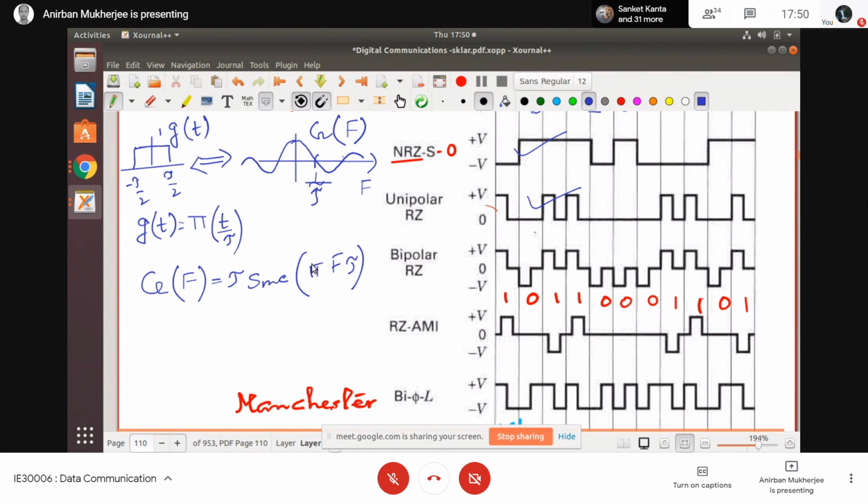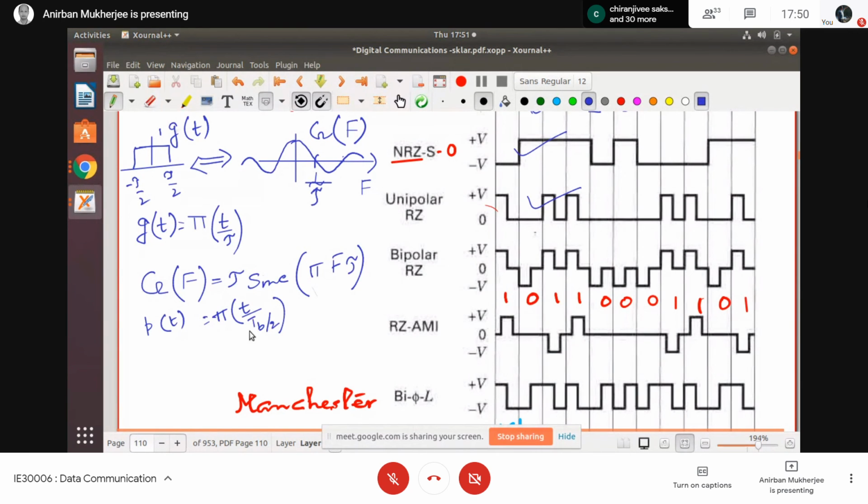Now in this case, what they have done, please try to understand. I have to do the p(t). So what is my p(t)? p(t) equal to pi of t by Tb by 2.